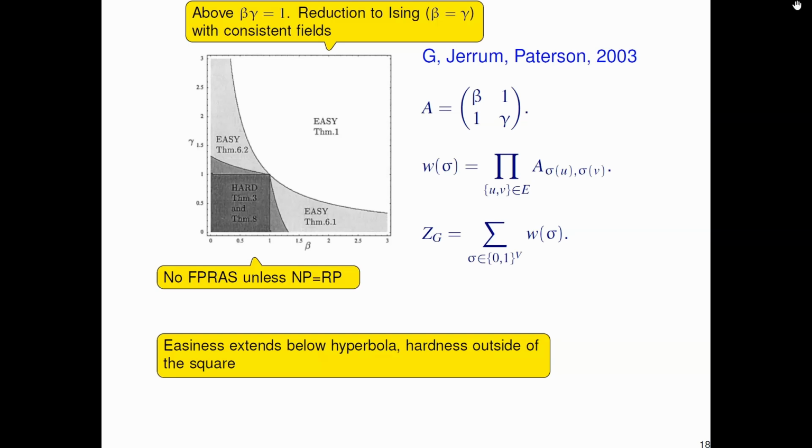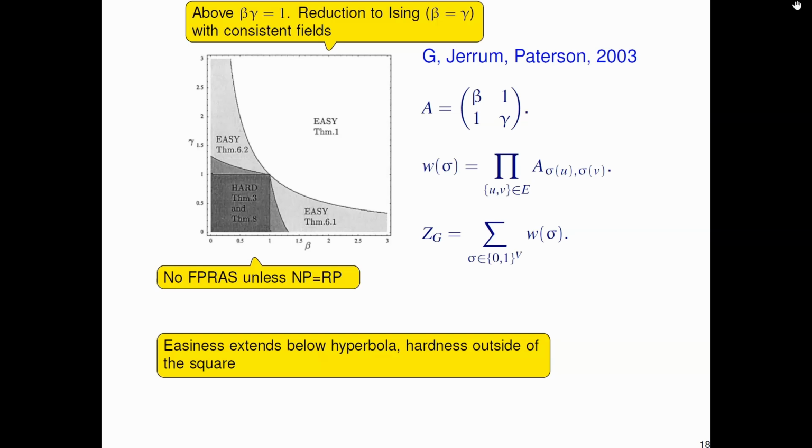Down in this bottom quadrant where beta and gamma are less than 1, it's hard. So unless NP equals RP, there's no polynomial time algorithm to approximate. And that's, again, an unsurprising result. The way to think about it is if you look at the matrix, if beta and gamma were both smaller than 1, it means that any 2 vertices like to be different spins.